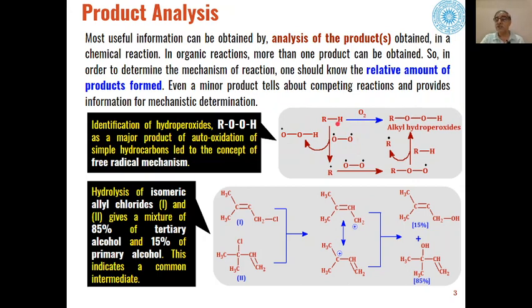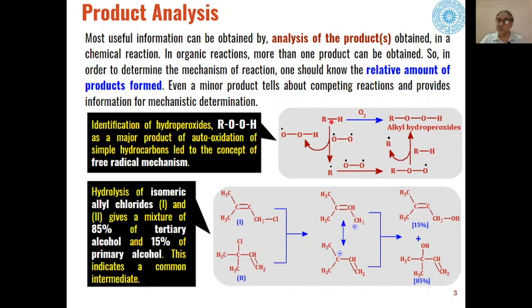Now this conversion of alkanes into alkyl hydroperoxide cannot take place in a single step; it involves a few steps. For example, we know that oxygen has a single electron on each oxygen because of the paramagnetic nature of oxygen.